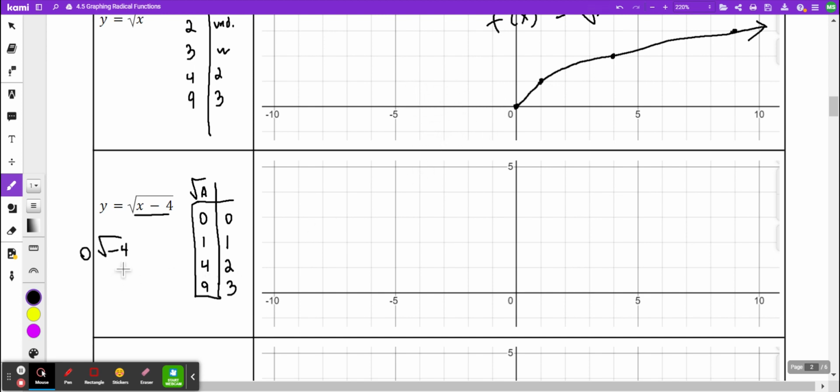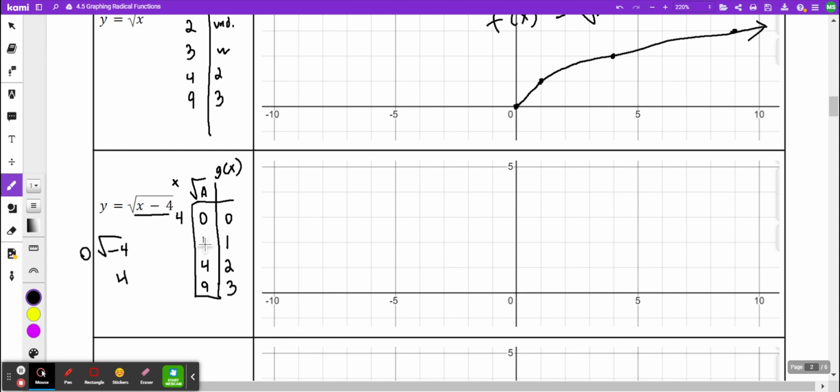But what if I plug in 4? 4 minus 4 is 0, and the square root of 0 is 0. So my true x value is going to be 4, and let's call this g of x, my output.